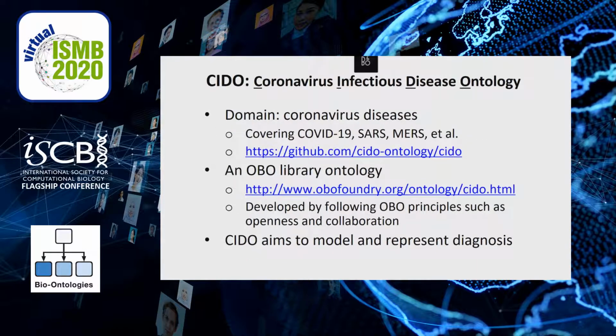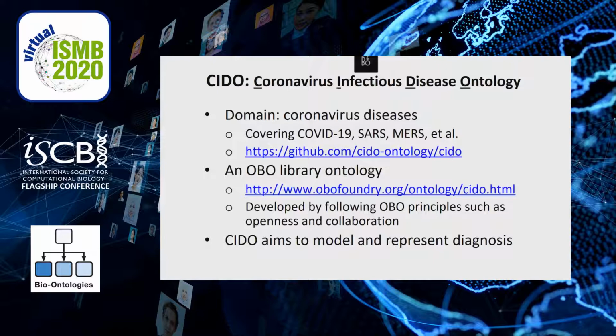The Coronavirus Infectious Disease Ontology is basically covering not only COVID-19 but also SARS and MERS. And currently it's being approved to be an OBO library ontology.